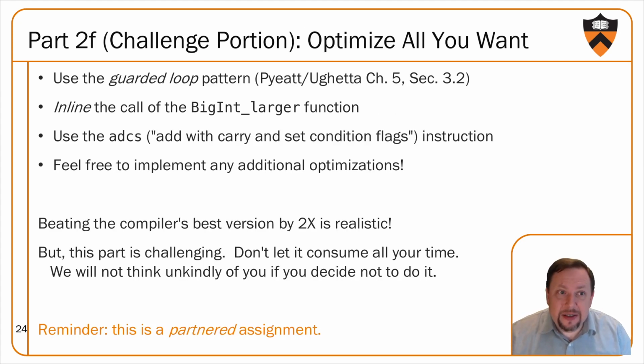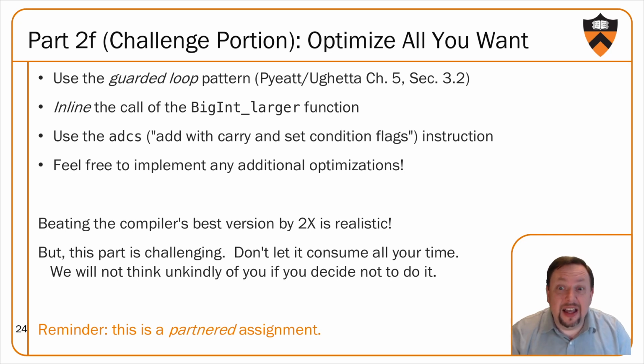And then next, for part 2F, we have a couple of specific suggestions for how you can optimize the code further. Now, this is the challenge portion, so challenge portion rules mean we're kind of not going to be able to help you do that. But we are offering some examples of things you may want to try to implement. You can implement the guarded loop pattern that is described in the textbook, chapter 5, section 3.2.